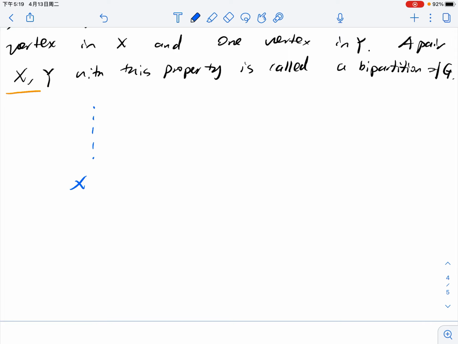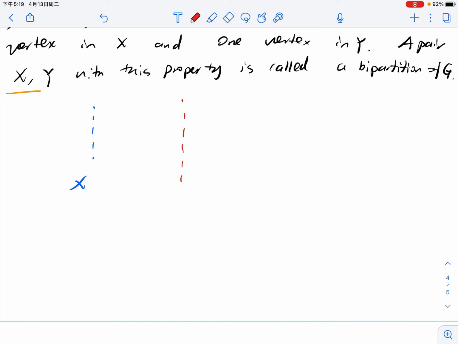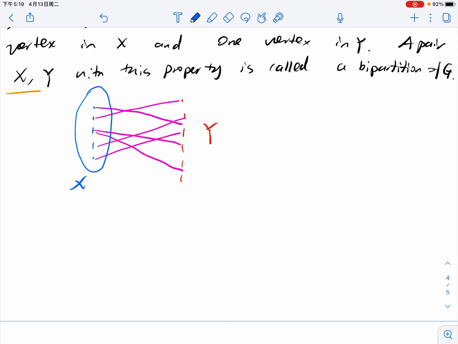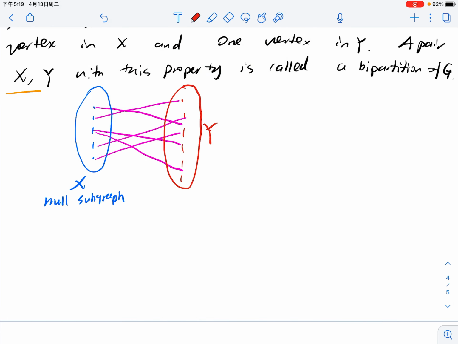On one side you have vertices X, on the other side you have vertices Y, and all the edges are from X to Y. In particular, on the left-hand side this is a null subgraph, and the same thing on the right-hand side, you have a null subgraph as well.